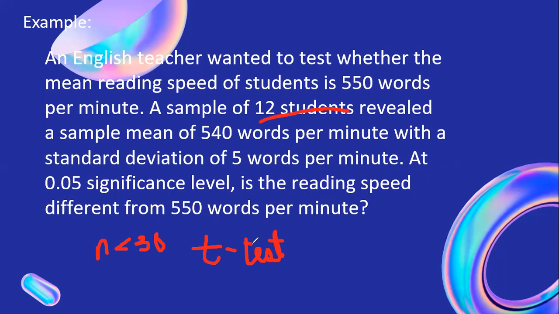So we need to use the t-test since the sample size is less than 30. As easy as that, all you need to do is to identify what test to be used based on the number of sample size given. And of course, aside from that, the population variance is unknown. So since the population variance is unknown, then we need to use the t-test.